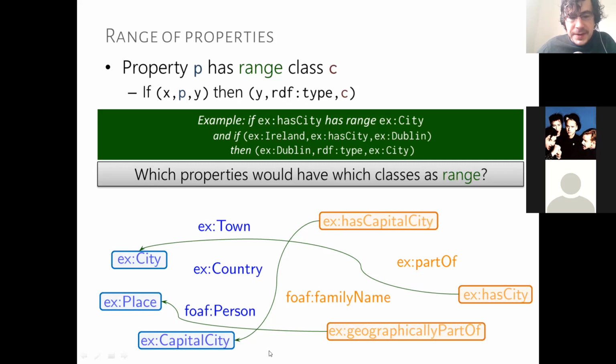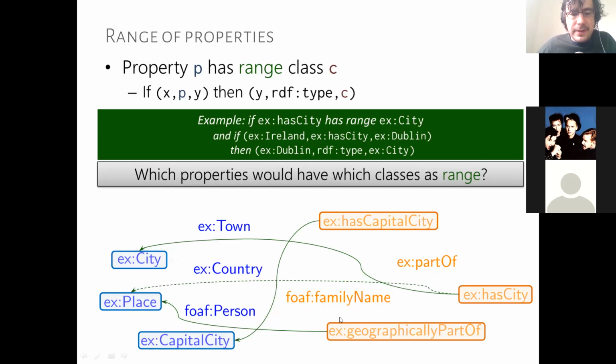Okay, so we actually have some dashed relations here as well. So the object of has capital city is a capital city. But if we say, for example, that capital city is a subclass of city, so has city has range city, right? But since city implies that it's a place, then the objects of has city, they must be in the class place as well.